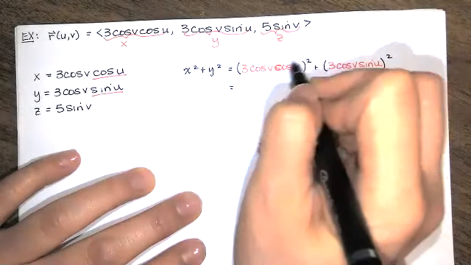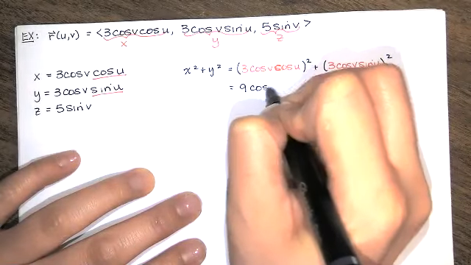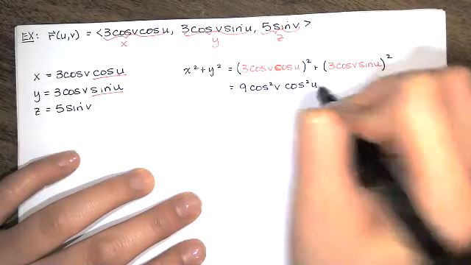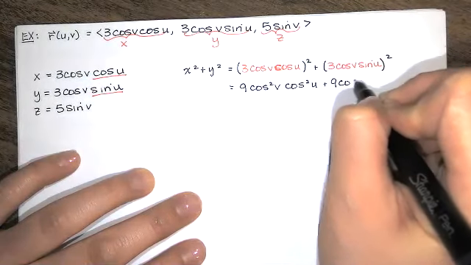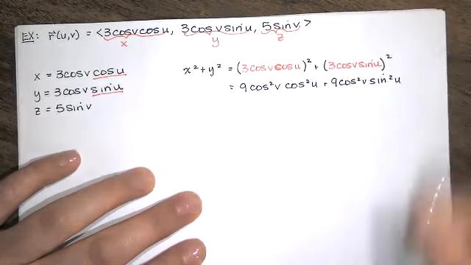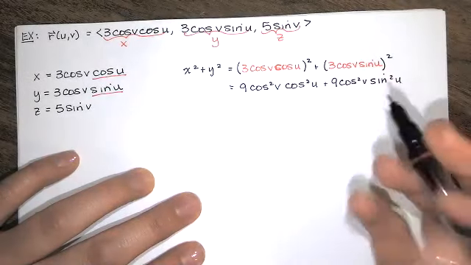And then we square them. We've got 3 factors each, so 3 squared is 9. Cosine of v squared is cosine squared v, and then this is cosine squared u. We have 9 cosine squared v sine squared u. And then, as always, we look at these two and ask what they have in common.